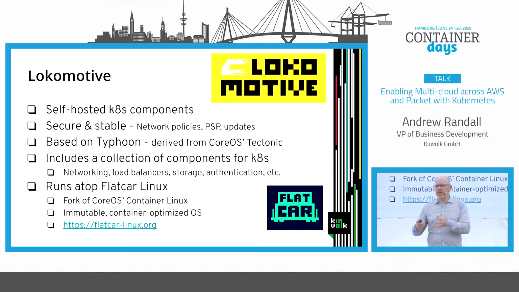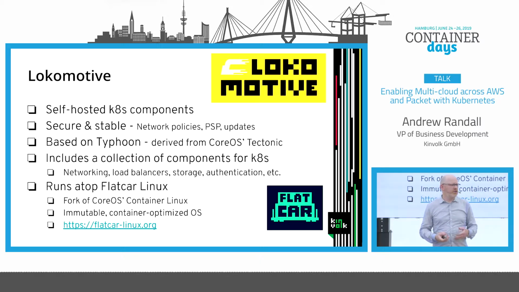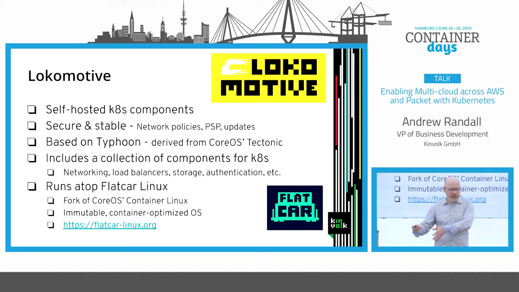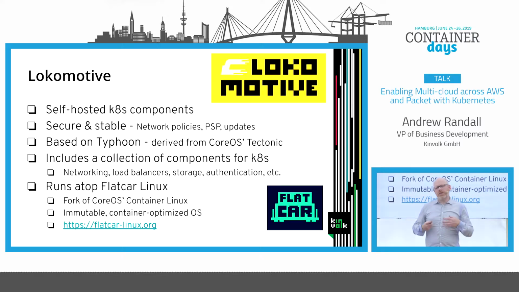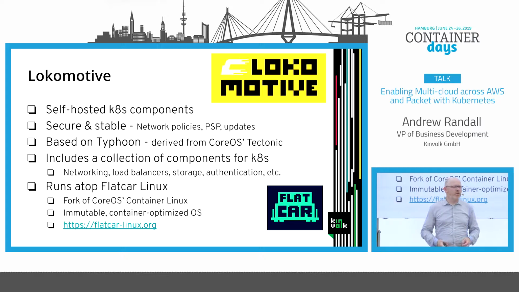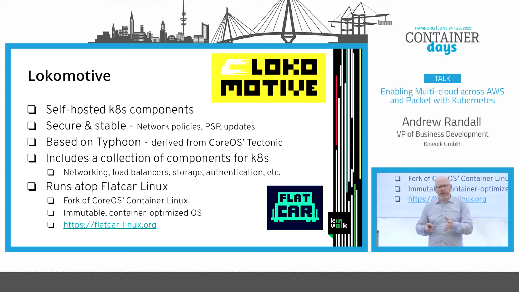So if you've ever used CoreOS Tectonic, it looks and feels very similar, which means it's a self-hosted Kubernetes control plane. So the Kubernetes control plane is itself running in Kubernetes. It's got secure and stable config out of the box, so things like network policies and pod security policies and providing updates and things like that we take care of.